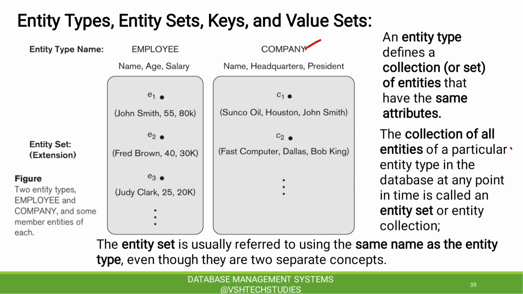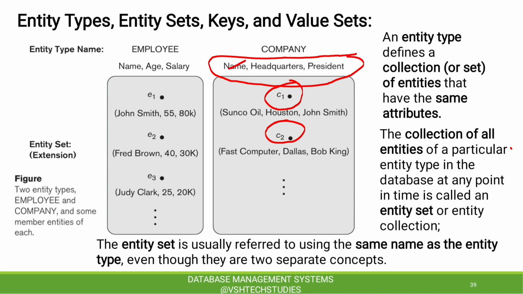Similarly, we have the company entity type. Its attributes are name, headquarters and president. This set of attributes which represents the company entity type structure is called the intension. C1 and C2 are company entities which belong to the company entity type because they have the same attributes, that is name, headquarters and president.